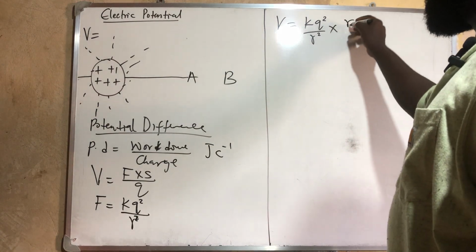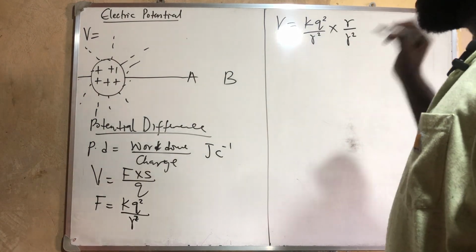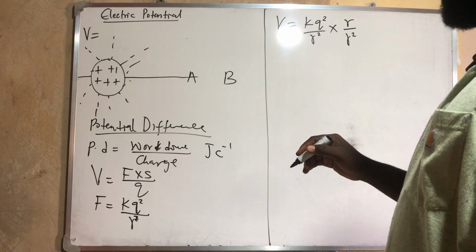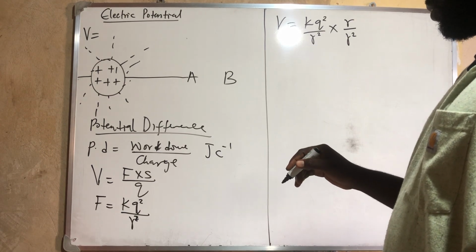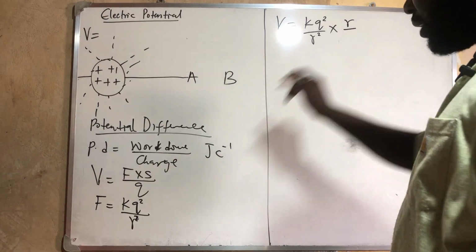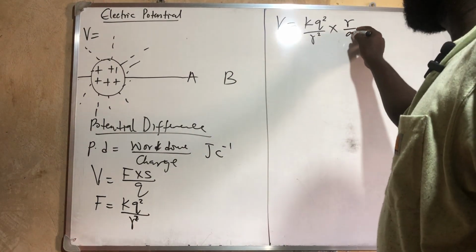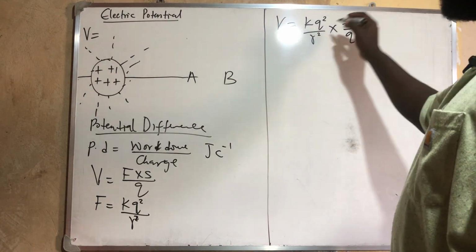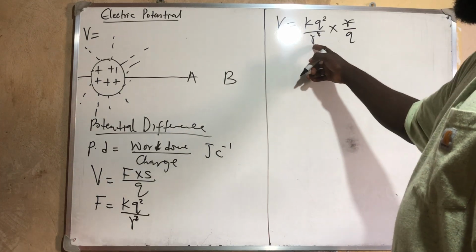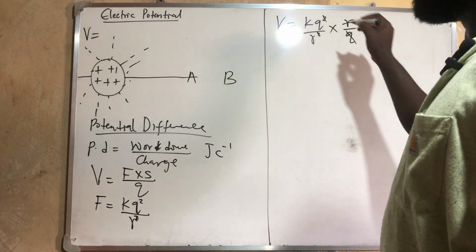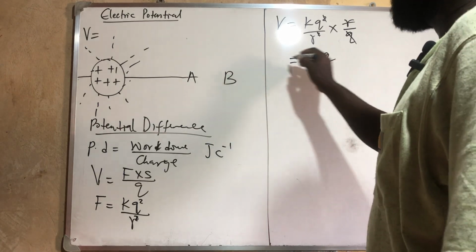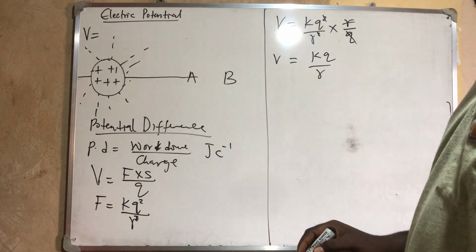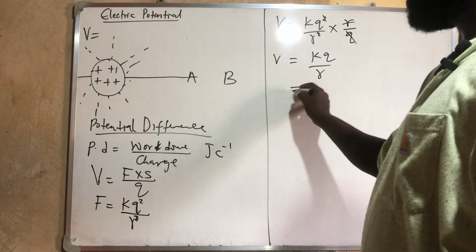So I'll have R over Q. Now one of these R's is taking care of one of these, because there are two here. So I am left with KQ over R. That is my potential difference.